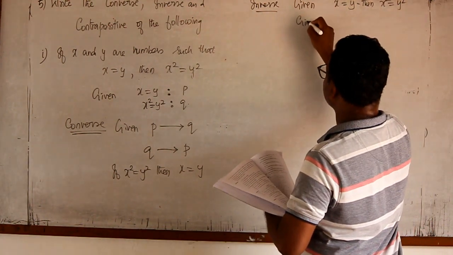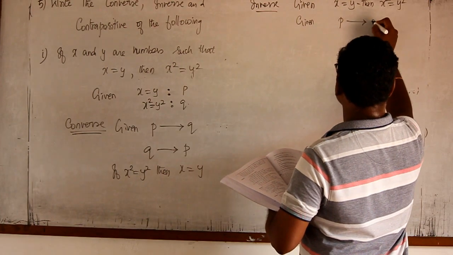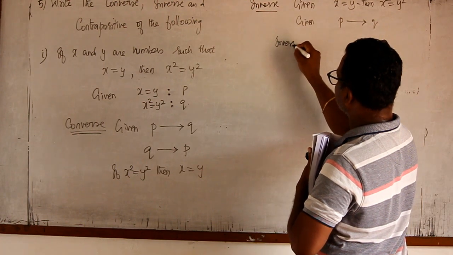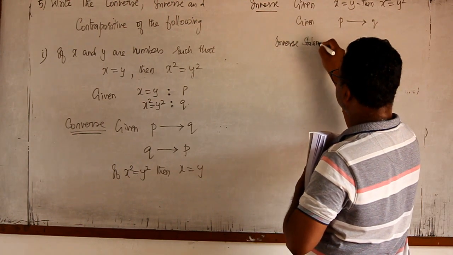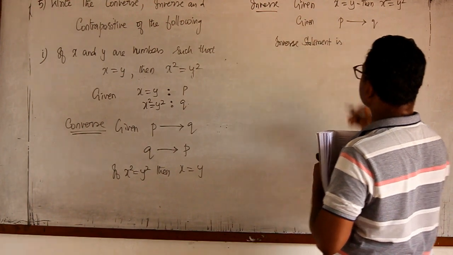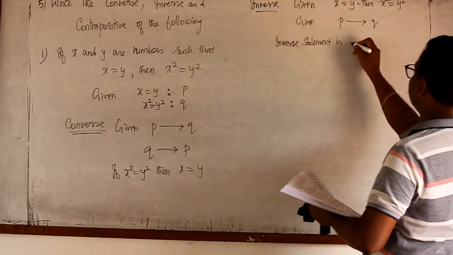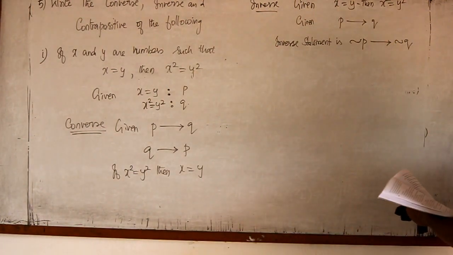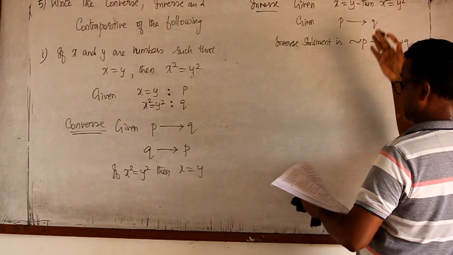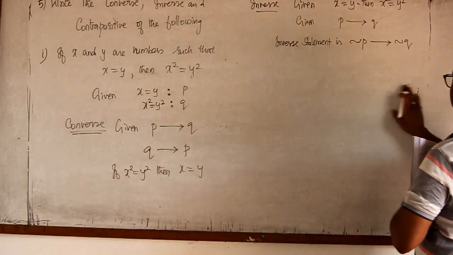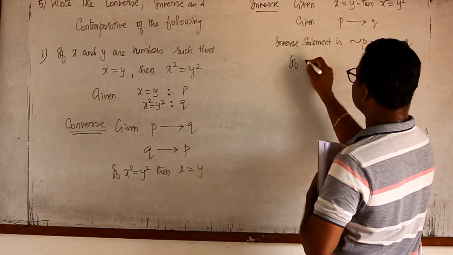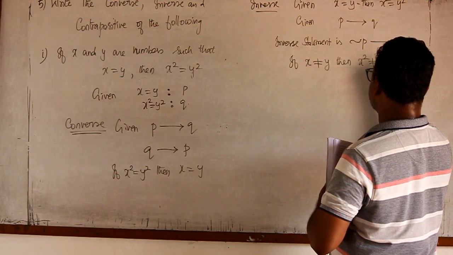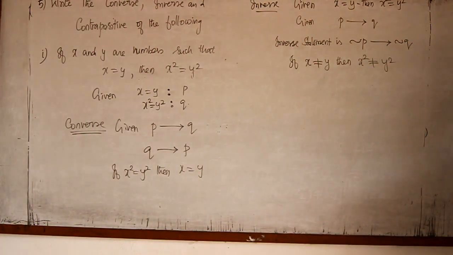That is P implies Q. So the inverse statement is negation of P implies negation of Q. That means: if x is not equal to y, then x square is not equal to y square. This is the inverse statement.